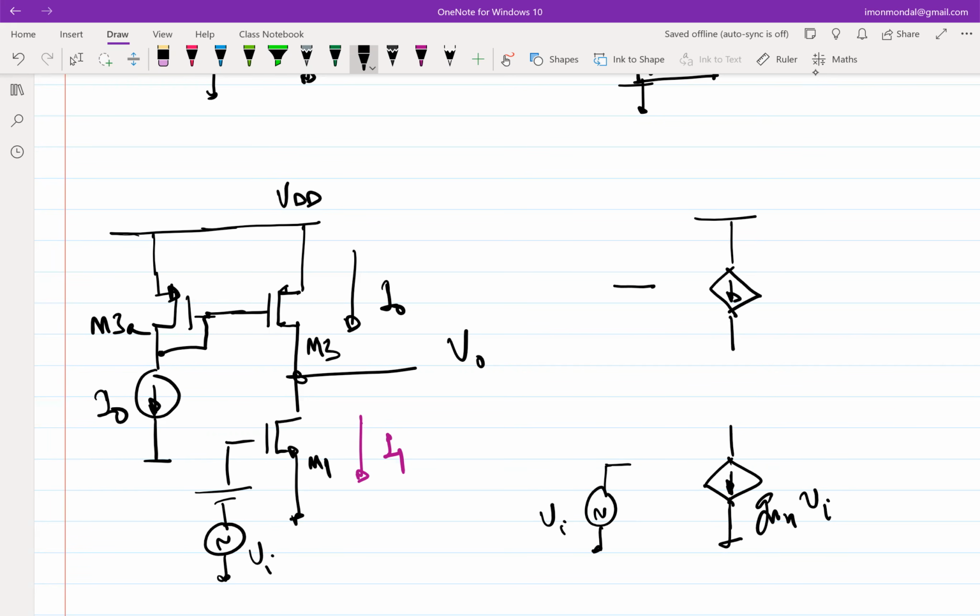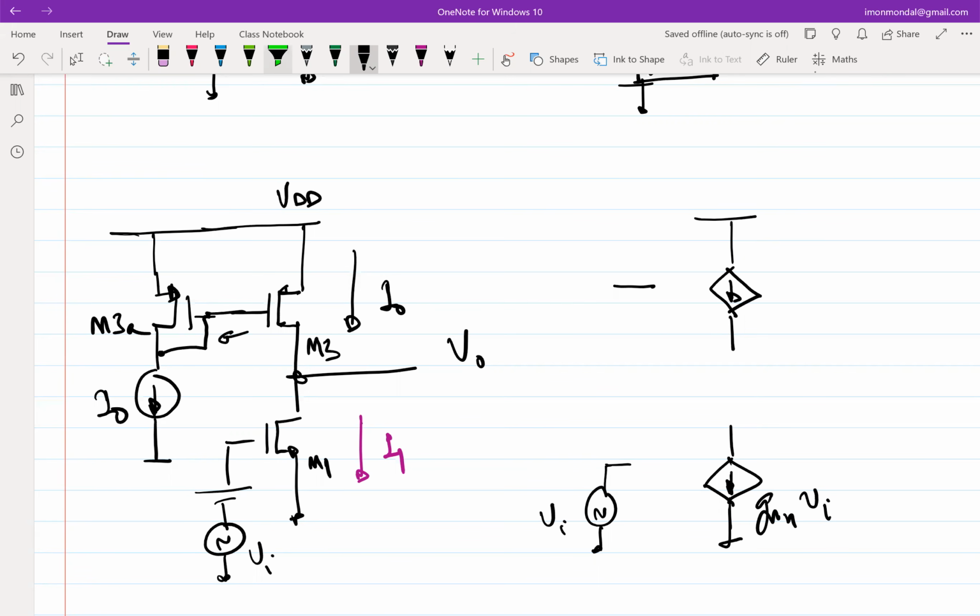What is my gate at? Incrementally, what is my gate at? Not perfectly ground, right? Because what is the impedance looking here? It's diode connected there, right?